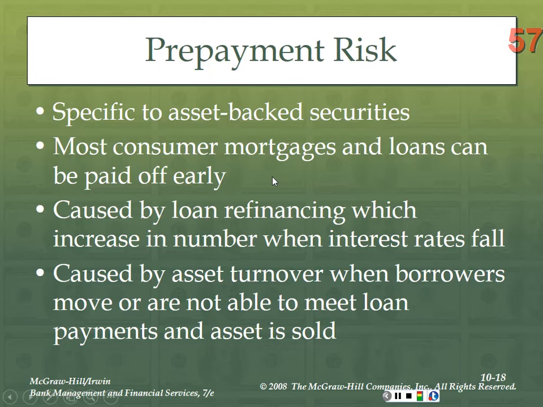Now, the way it works is, let's say that you've got a $100,000 mortgage. So you bought a house. We're not concerned with what the house costs. It doesn't really matter. You've just borrowed $100,000 and used the house as collateral. So that's a mortgage loan.